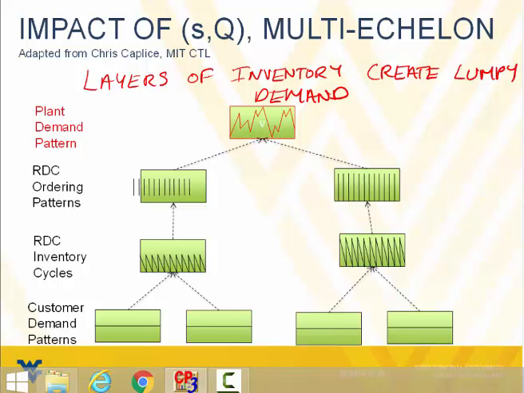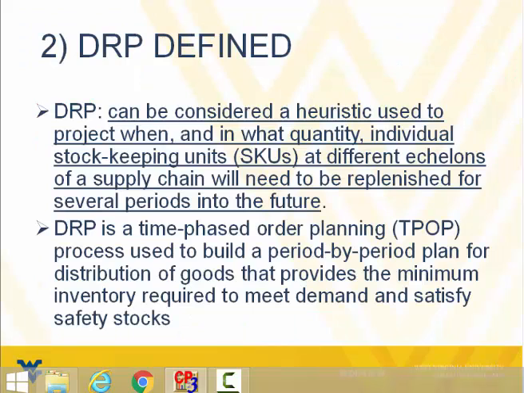So this is the result that you've seen already in the bullwhip effect. We have something called the distribution requirements plan, which is a heuristic of sorts. Just think about this before you write this down. What we're trying to do is manage multiple stock keeping units. And what do we have to manage in multiple stock keeping units?